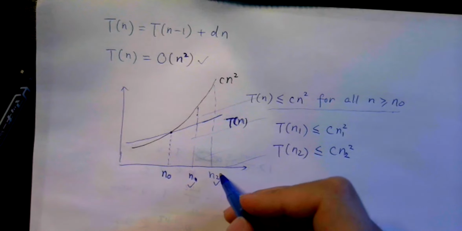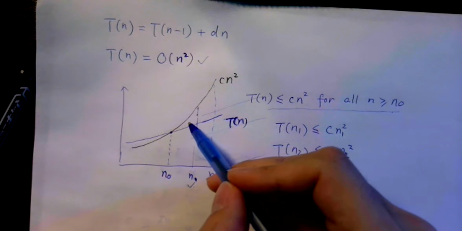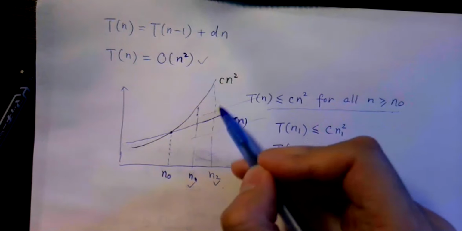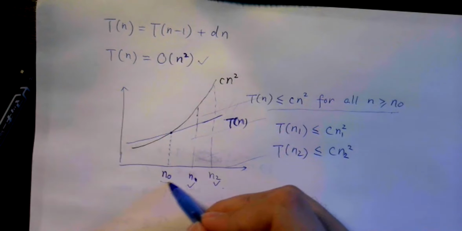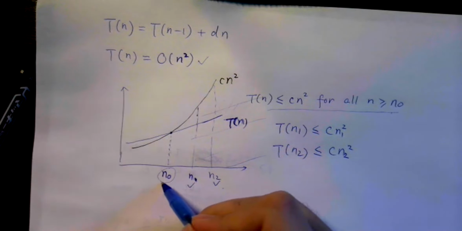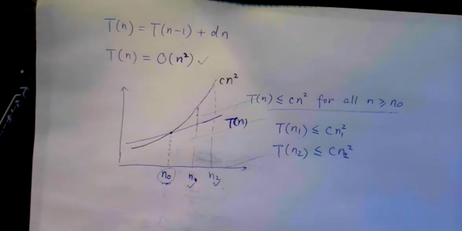So you show that for any value to the right of n0, this upper bound is true. And of course, n0 should also hold. That's why n0, the boundary case for the mathematical induction, is also important.